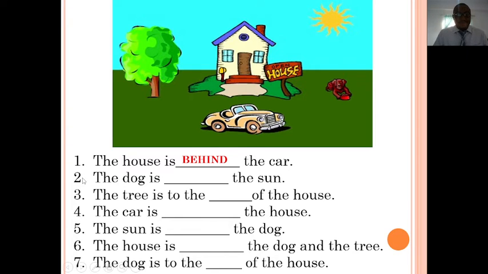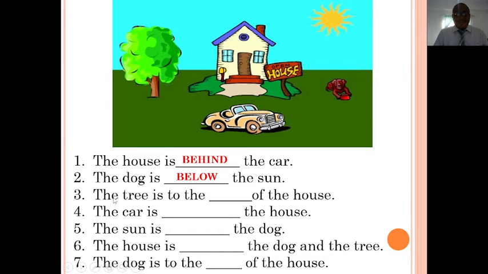Number 2, the dog is the sun. So let's look at the sun and the dog. Which is the correct preposition of place to use? So the correct preposition of place to use is below. So if we look at the sun and the dog, we can see that the dog is below the sun.